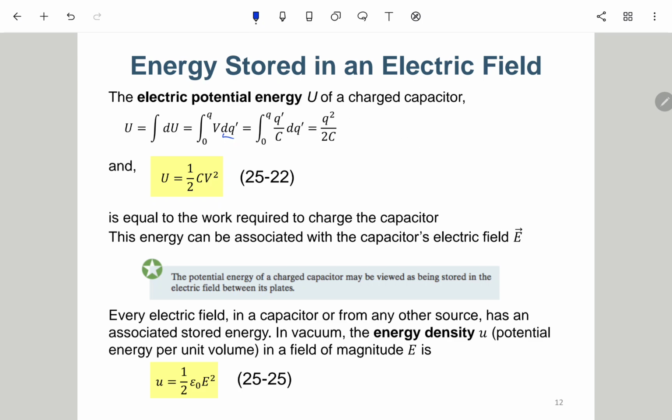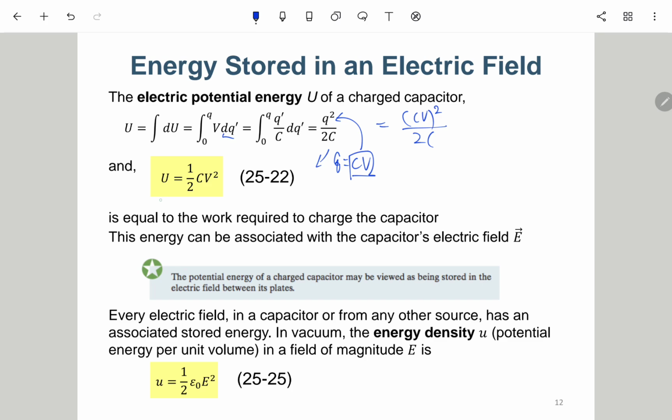And actually, if you make use of Q equals CV and plug it in here, we have C square V square, so it becomes CV whole square over 2C. One of the C cancels, so it becomes U equals 1/2 CV square.